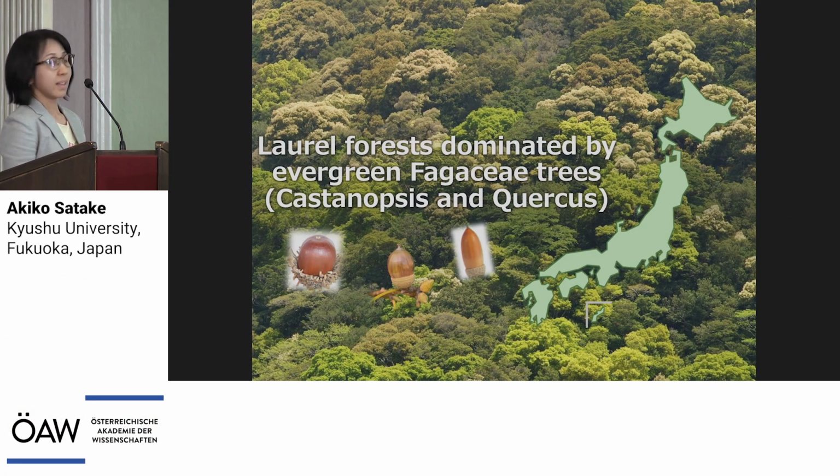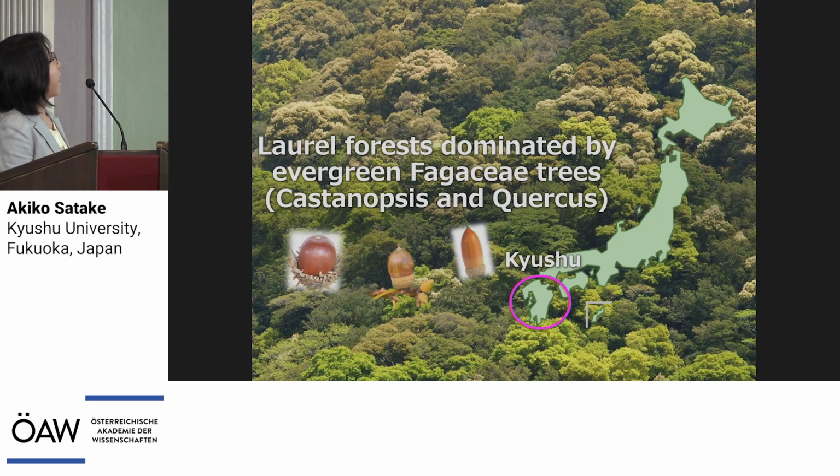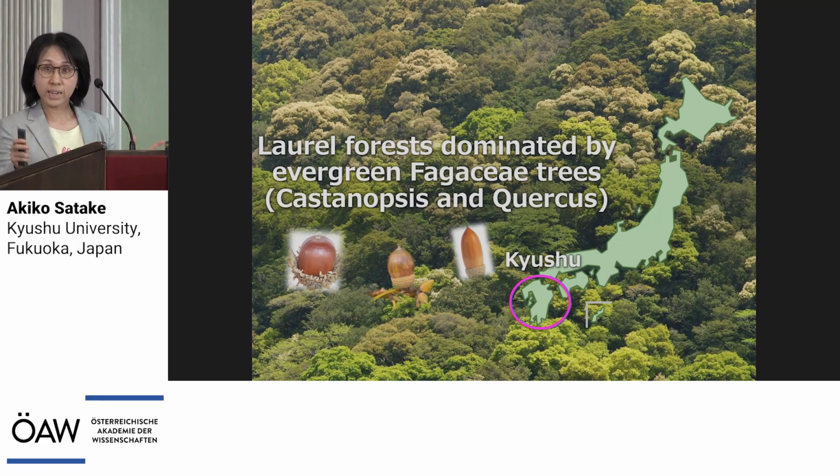Okay, so you know Japan. I am from the southern part of Japan that is called Kyushu. In this region, we have beautiful laurel forest dominated by evergreen trees in the family Fagaceae.